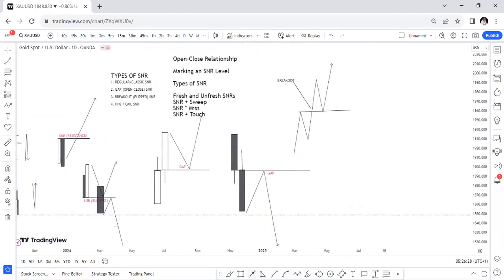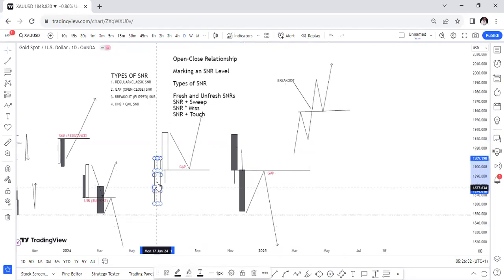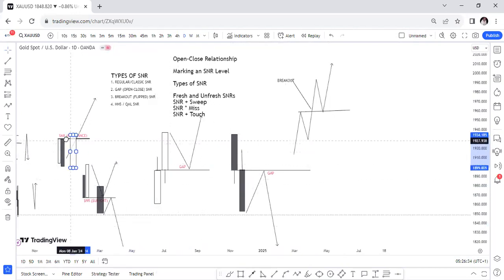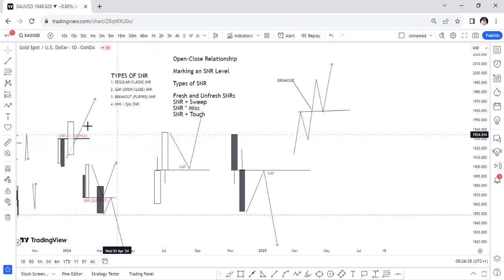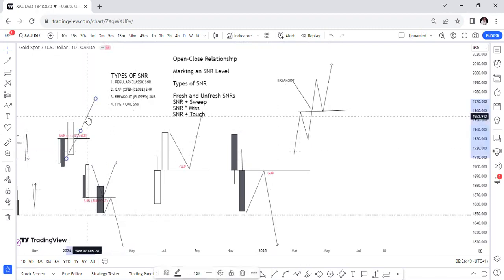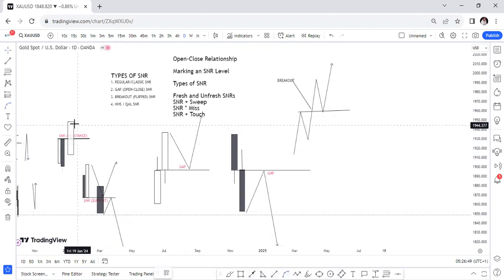But here, whenever you see a bullish candlestick that closes and breaks through this level, that's a classical SNR. Then we look at a retest and buy into the retest.